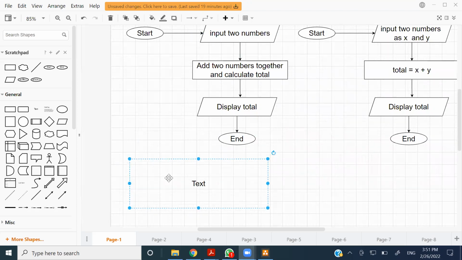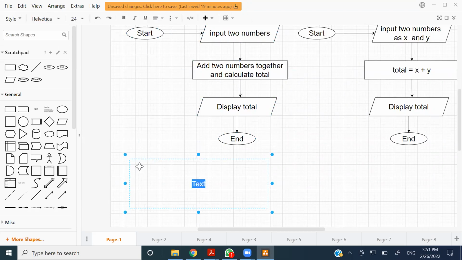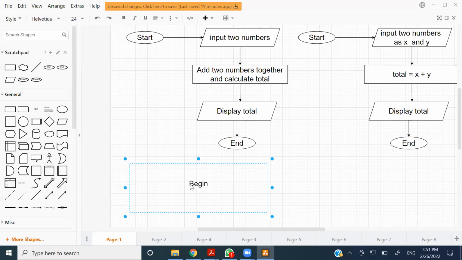Right, great, Sasrika. So when I'm converting this flow chart into a pseudocode, look what happens. Start will be said as begin. Right, and these flow charts we know, it indicates what?